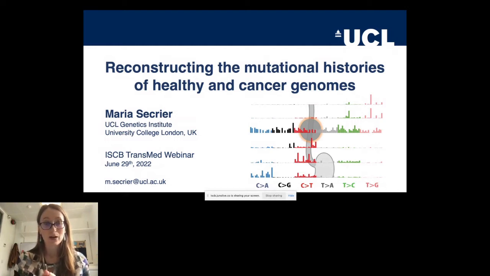Then I will talk about some applications of studying mutational signatures in different contexts, also using examples from our own work. And then I will end by showing you other broader applications to study human health.